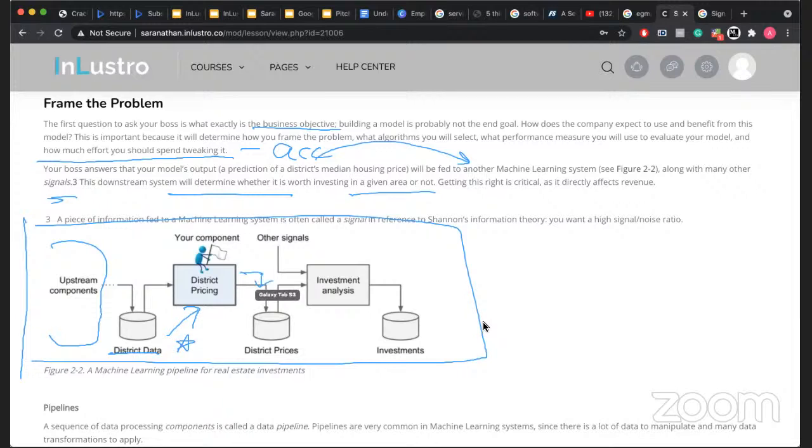Prices are then stored here, and then these prices are used along with a set of other signals in making an investment analysis, and finally, the result as to whether it's worth investing in the real estate in this particular area is shared with the end user.